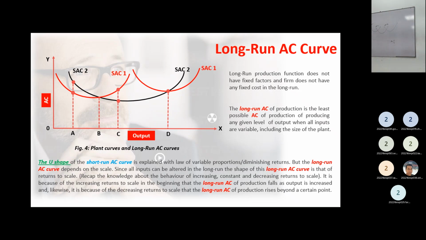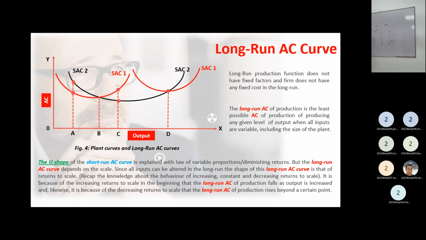Meaning, for example, in the short run, when you're producing this much output, this is the average cost you have to incur. If you are producing Q1 level of output, this is the minimum average cost to incur. If you consider Q2, this is the cost you have to incur. When you are producing Q3 level of output, this is the cost you have to incur.